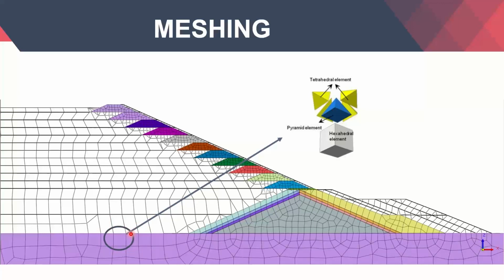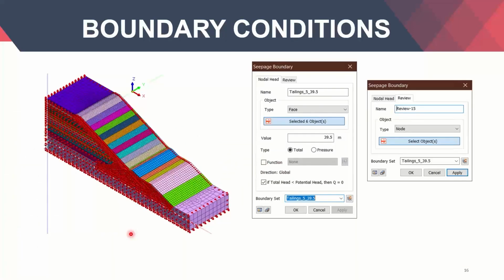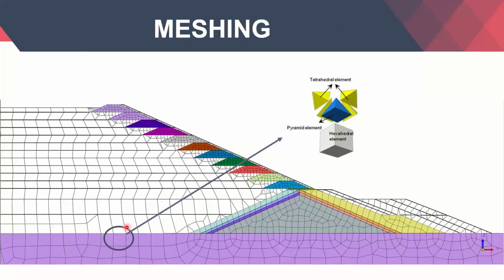So on a 2D section view, it looks like a quad element, but in a finite element methodology, it will be called as a hexahedral element. So hexahedral element means they are based on summation of tetrahedral elements, which means we have 6 nodes. The more number of nodes we have, the better the clarity of the results.